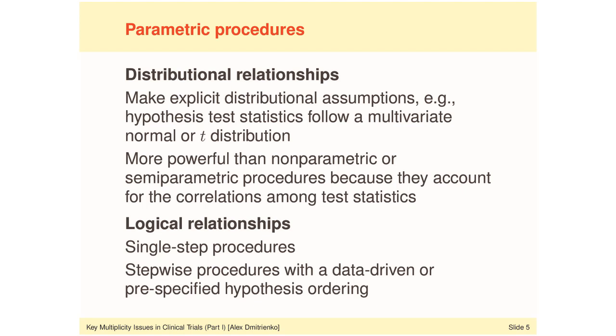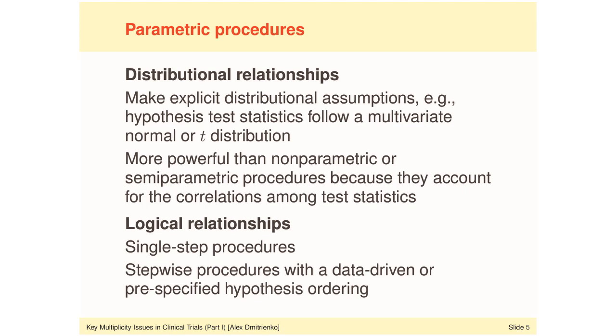So the distributional assumptions are built into the decision rules, into the critical values. As a result, since they utilize more information, for example, they account for the correlations among the test statistics, parametric procedures are more powerful than their non-parametric and semi-parametric counterparts.